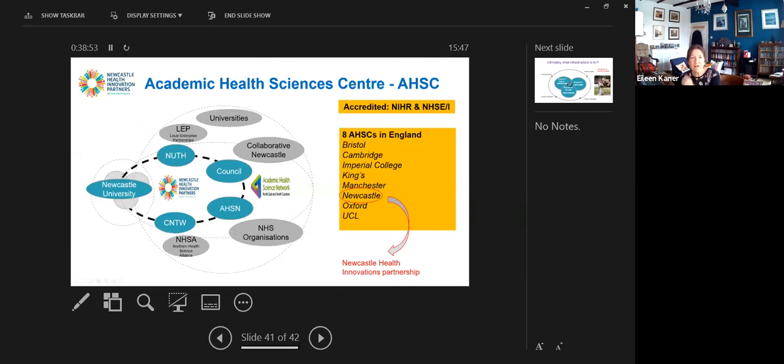We also have a relatively newly designated centre called an Academic Health Sciences Centre, and this is both NIHR and NHS England and Improvement coming together to try and provide even more linking up of all the things that are going on in different parts of the country. In Newcastle, we're one of 8 of these academic health sciences centres.